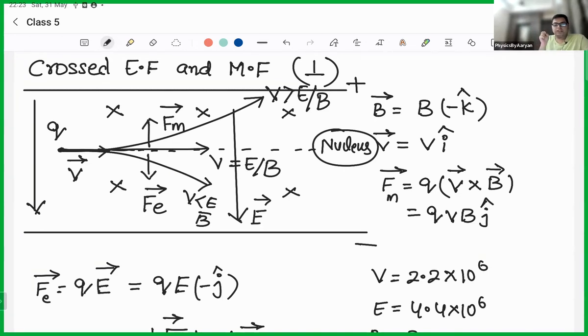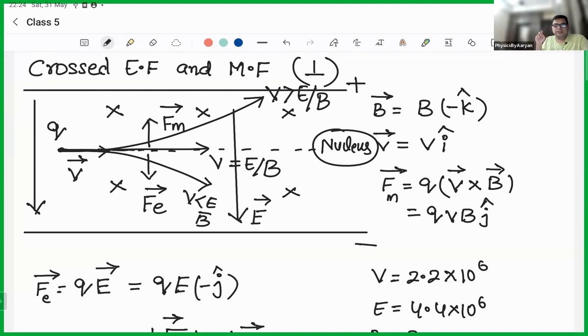If your velocity is more, velocity more means magnetic force is more. Right? More velocity means more magnetic force. That is why you see the magnetic force will dominate and your particle will move up and it will not hit the nucleus. But if the velocity is less, then the magnetic force will be less and hence it will move down and it will not hit the nucleus.